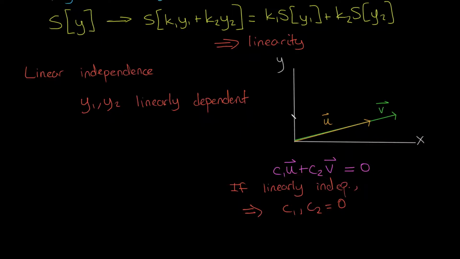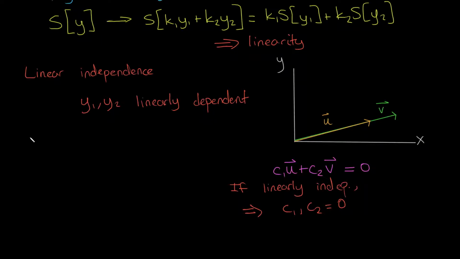And although the intuition doesn't extend perfectly from vectors to functions, the concept is still the same: if this expression is 0, then two functions are linearly independent if c1 and c2 equaling 0 is the only solution. So let's rewrite this for specifically functions.